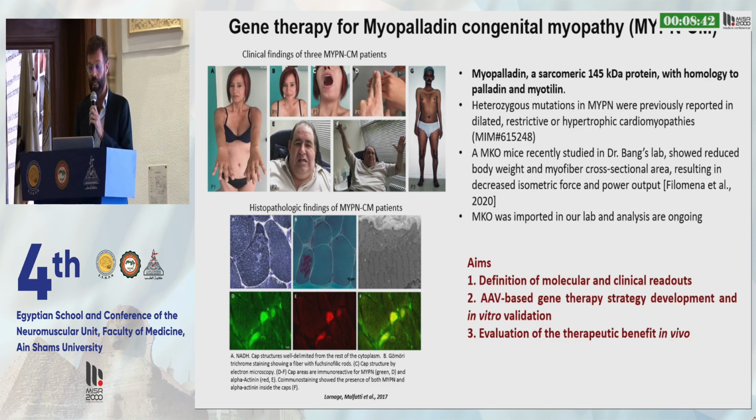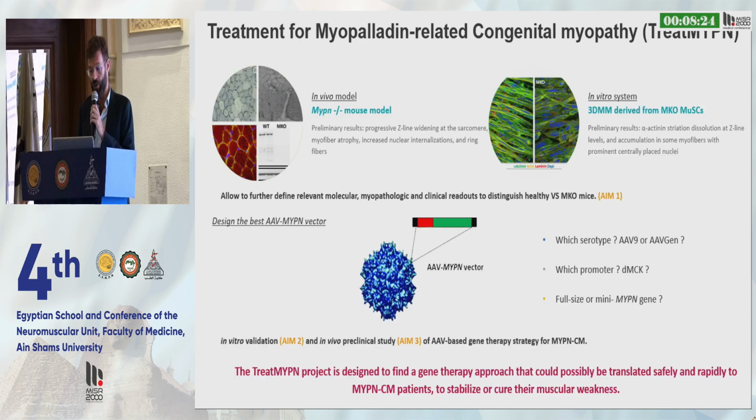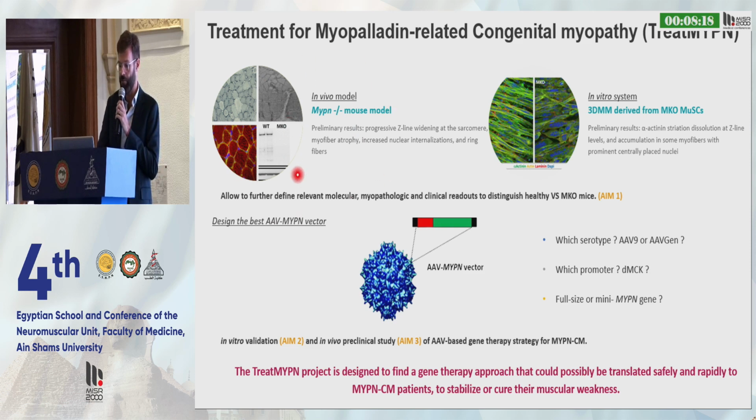And what we aim to do is to utilize animal models and in vitro cell models derived from the iPS cells of the patient to develop an AAV-based gene strategy. So in the lab we have these mice that present a phenotype and are ablated of myopalladin.